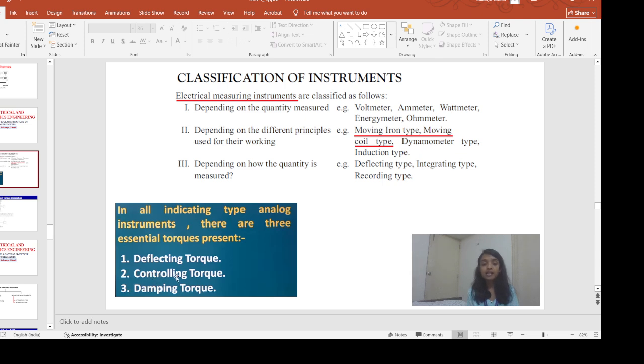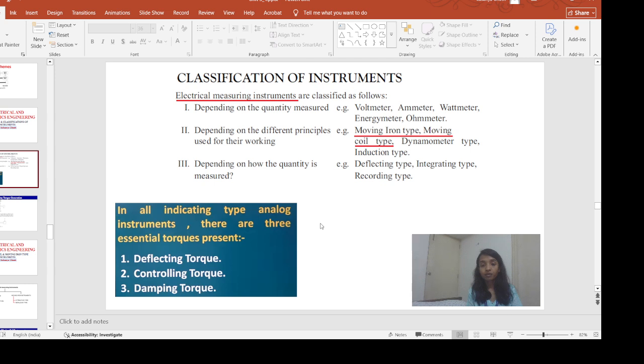Now at steady state, the deflecting torque Td and the controlling torque Tc are equal. The controlling torque will oppose the deflecting torque. When they are equal, I will get the steady reading at the scale.